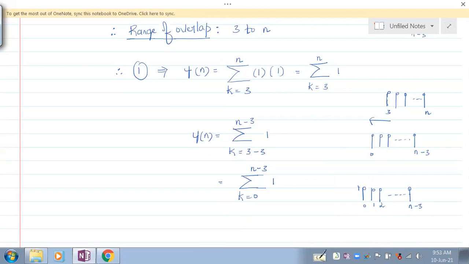No, n minus 3 is wrong. n minus 3 ones are not there. How many ones are there? n minus 2 ones are there. Why? See, it is starting from 0.